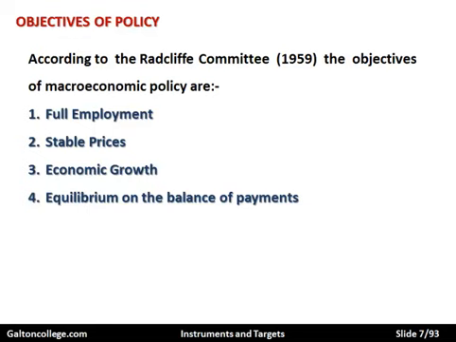Imports should equal exports in value terms. And also some sort of redistribution of income and wealth. It was felt that it would be divisive to have some very, very rich people, but few of them, and a lot of very poor people. So there should be some policy about redistributing incomes and wealth.